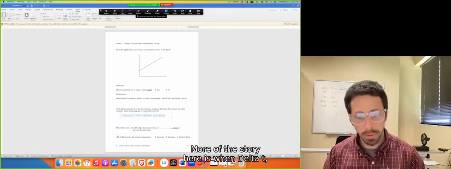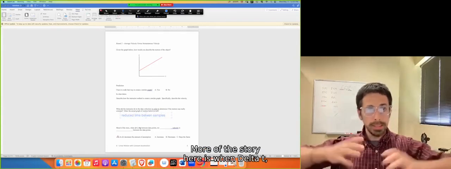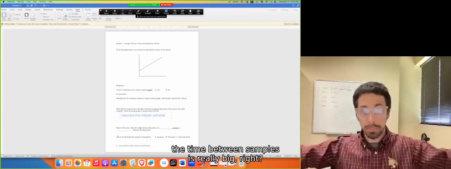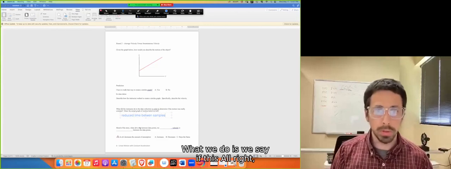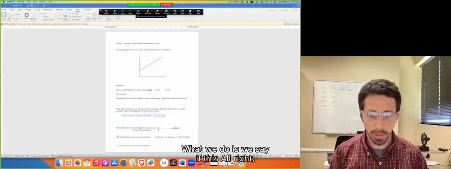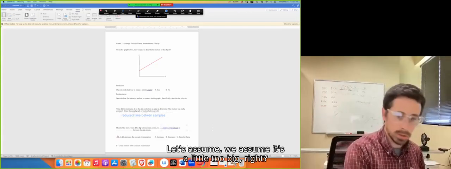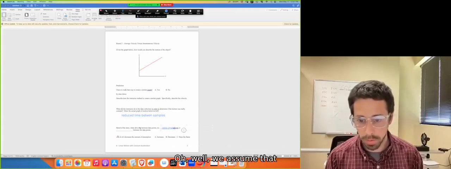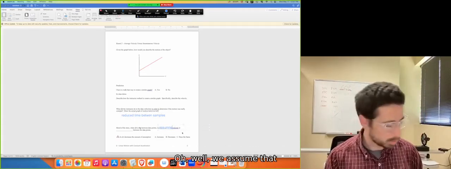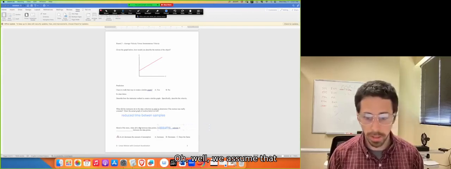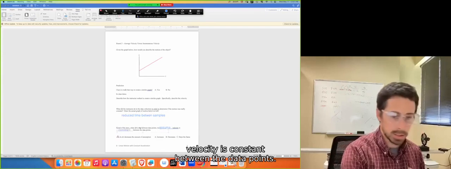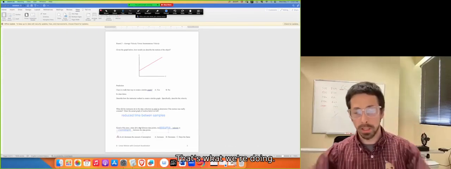So the moral of the story here is, when delta t, the time between samples, is really big, we assume that velocity is constant between the data points. That's what we're doing.